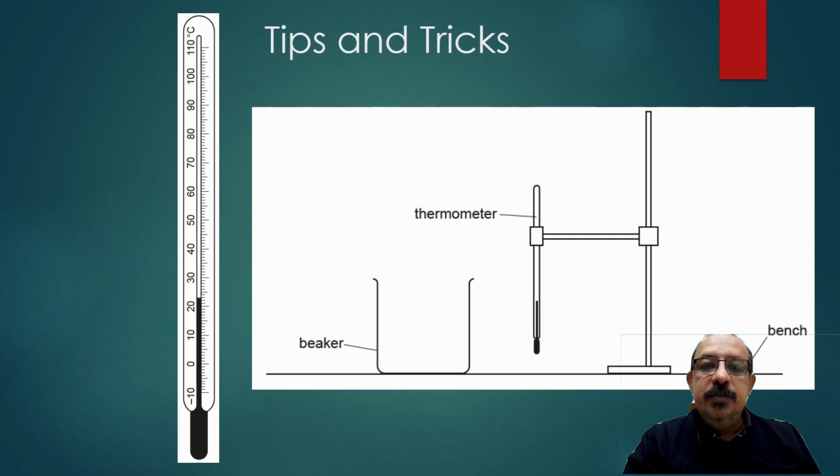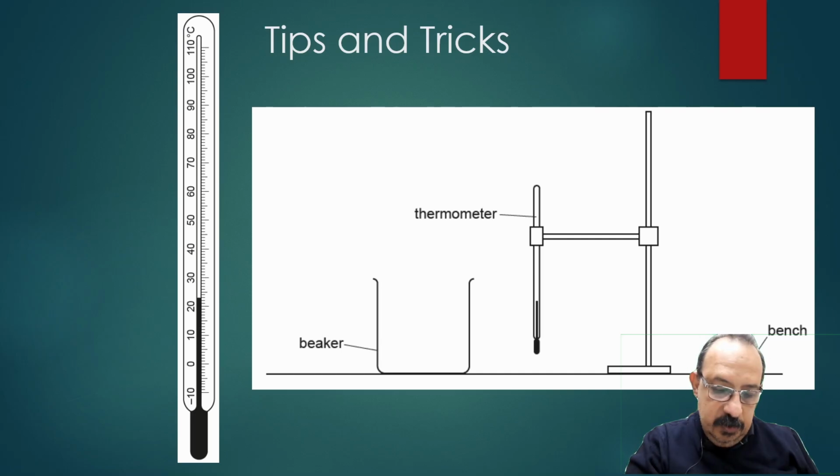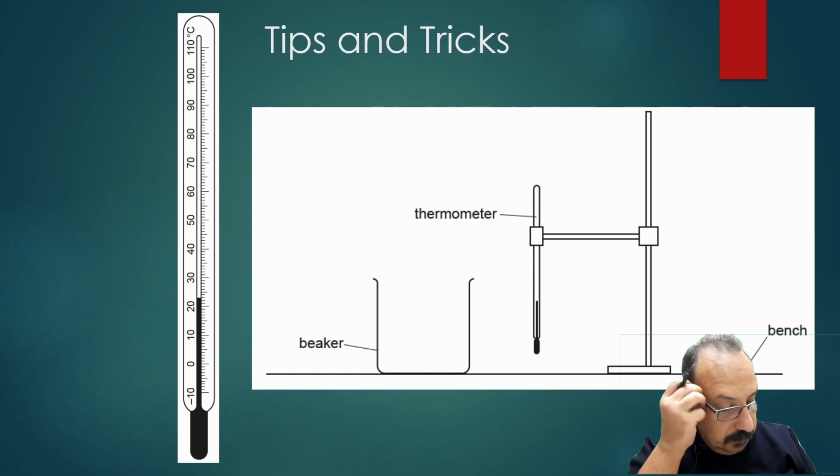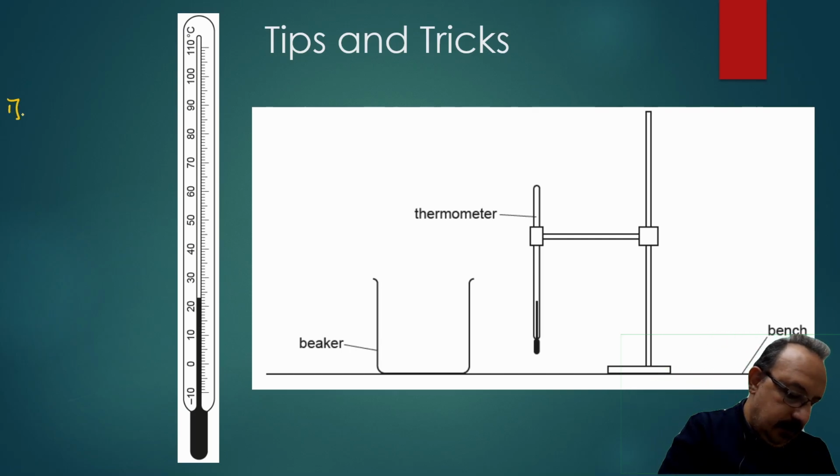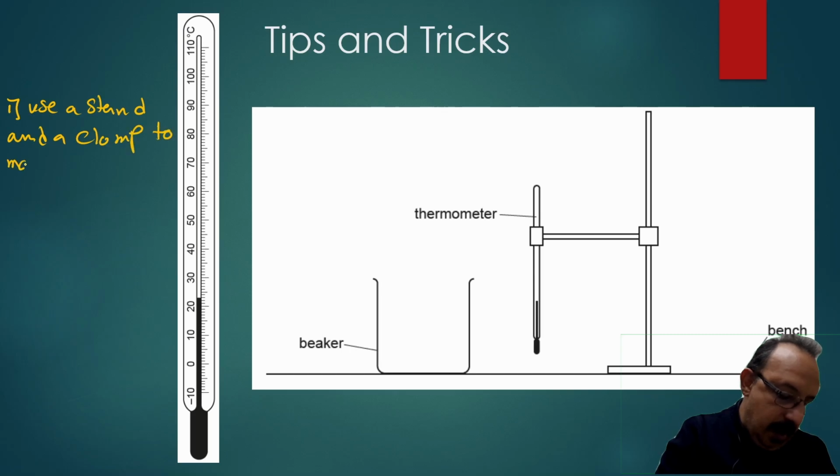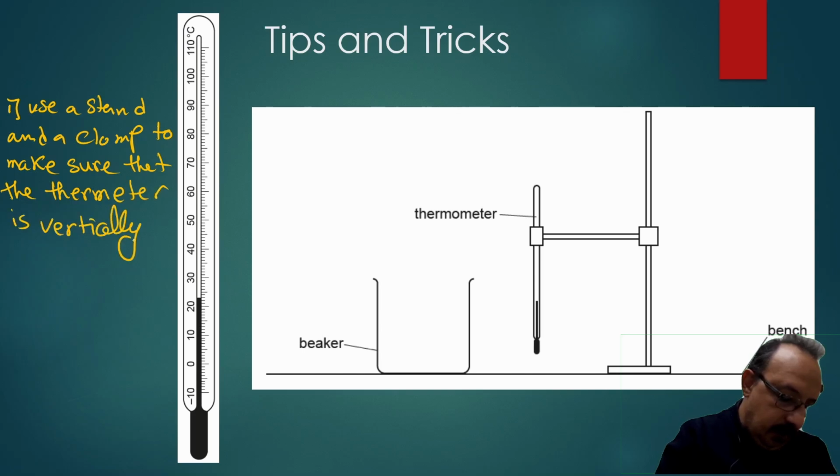If you are asked to use a thermometer to take measurement of temperature of a liquid or anything else, the way to answer this question is, one, use a stand and a clamp to make sure that the thermometer is vertically upright.